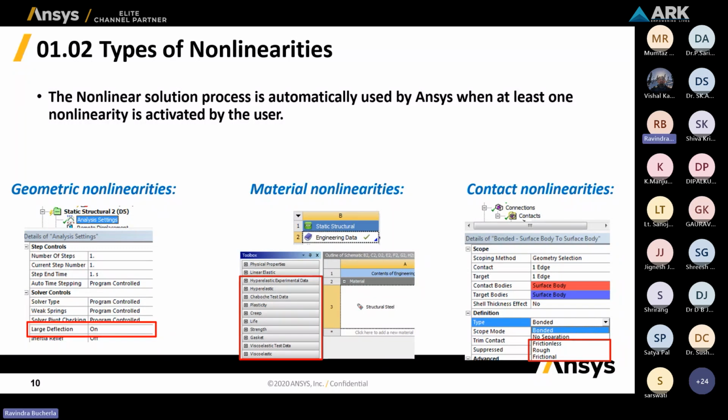So these two types of contacts will be considered as linear contacts or linear analysis. And if you are using any of these three, whether a frictionless contact, rough contact, or frictional contact, these three types of contacts will be considered as nonlinear contacts or nonlinear analysis.